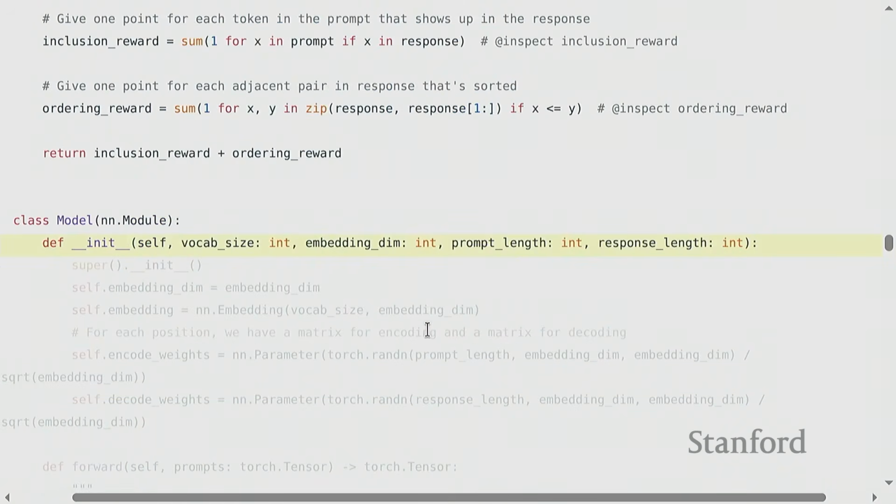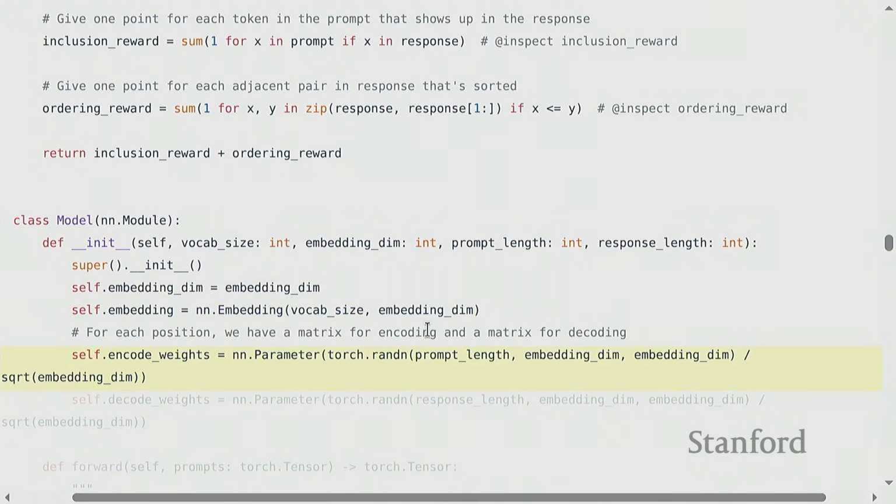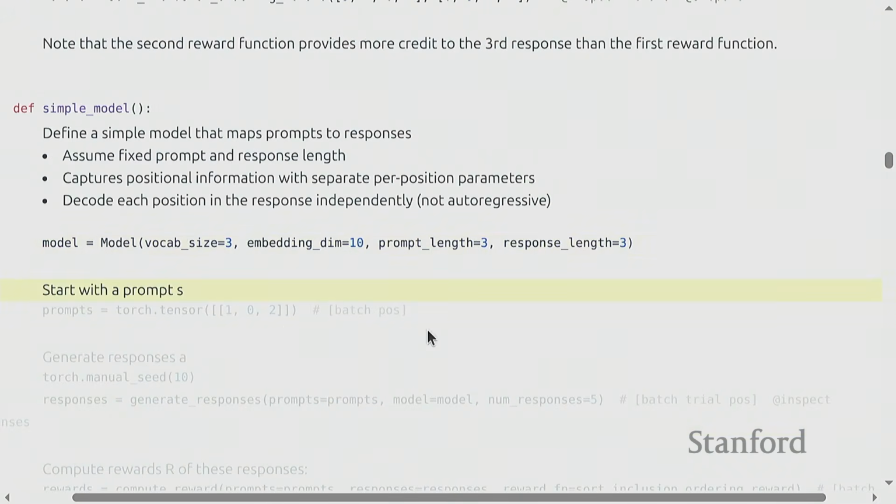Okay, so here's the model. I have the embedding matrix. For each position, I have a matrix for encoding and a matrix for decoding. That'll be easier to explain as I look at the forward pass.